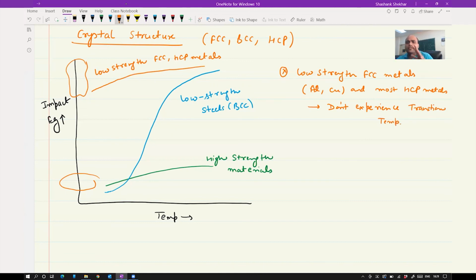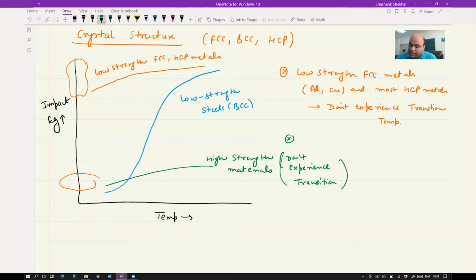So they do not experience ductile to brittle transition. Similarly, if you talk about high strength materials, same thing. Okay, so they will not experience. So let me write here itself. Do not experience transition. But their impact energy is anyway low.